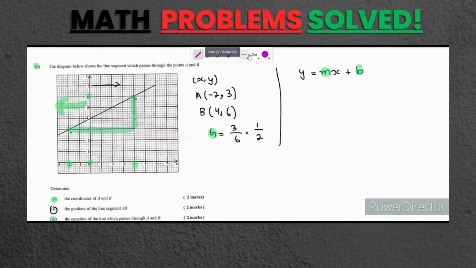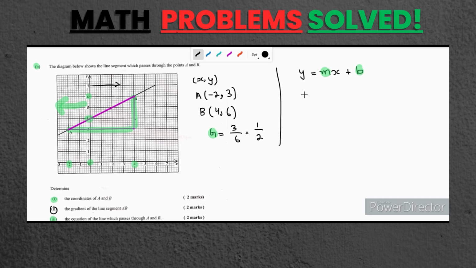What do you mean by y-intercept? Because we are going to find the equation of this line, right? If we look at this line where it touches the y-axis, you can see the line segment touches the y-axis at 4, right? So 4 is the y-intercept of this line. So here b will be 4, m will be 1 over 2.